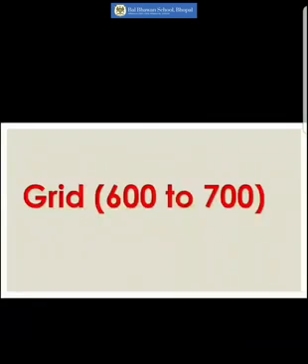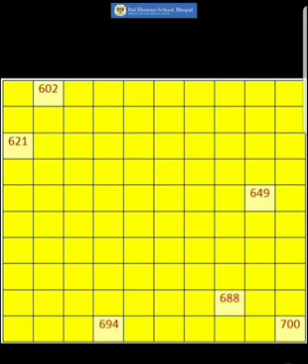Okay, now we will learn how we can write numbers from 600 to 700 by counting them in a grid. Okay children, now again this is your grid of the numbers from 600 to 700, and again you can see so many numbers are missing here. So we will write the missing numbers.